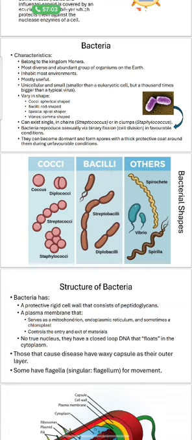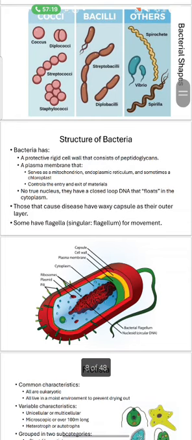They have a closed loop DNA that floats in the cytoplasm. Those that cause disease have a slimy, waxy capsule as their outer layer. Some have flagella, singular is flagellum, for movement. So, as you know, the stuff sticking out of it, the hair-like things, is called the pili.